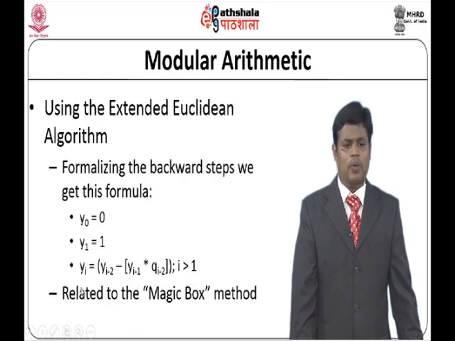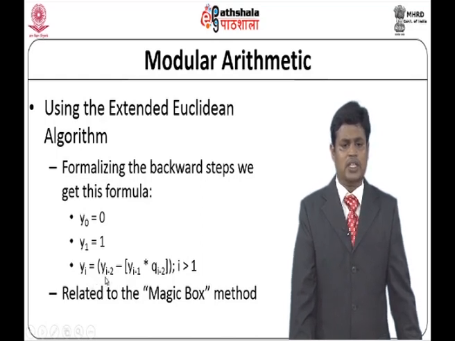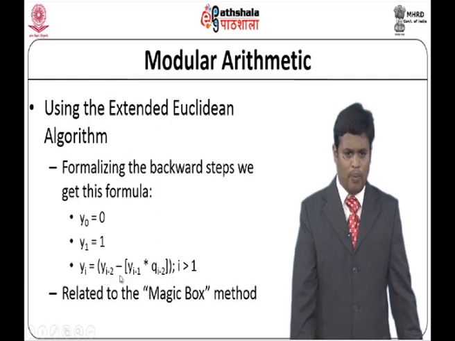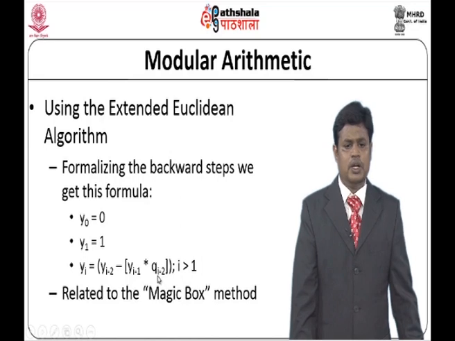Suppose, for example, I want to find y2: with i equal to 2, y2 is equal to y0 minus y1 into q0, where q0 is the quotient you obtain after performing the Euclidean algorithm. From the Euclidean algorithm we will get that. This is related to the magic box method, where with the help of this extended Euclidean algorithm we can find it.